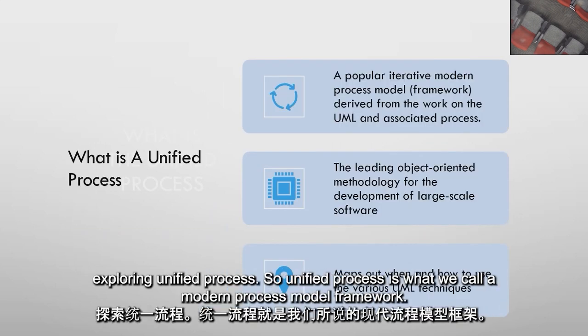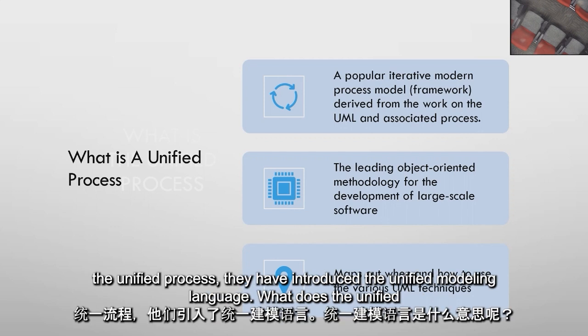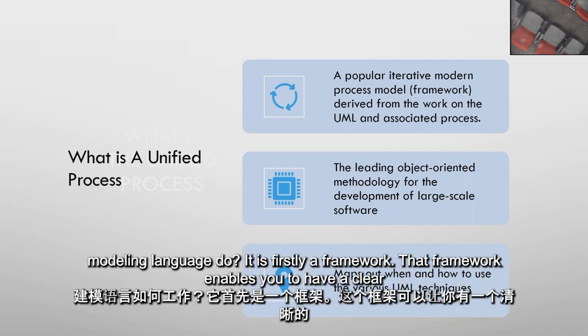All right? Like I said, we are exploring the unified process. So the unified process is what we call a modern process model framework. Now, the process model framework derived from the work on the UML and associated process. So under the unified process, they have introduced the unified modeling language. What does the unified modeling language do? It is firstly a framework.